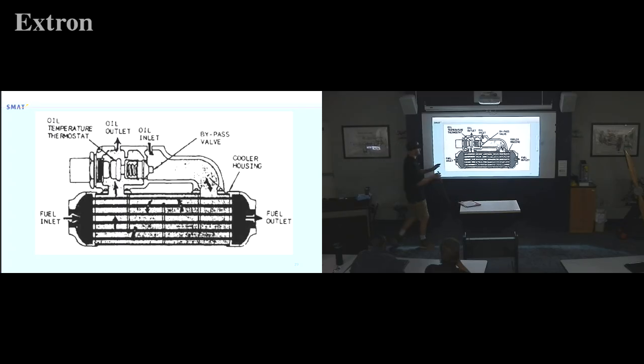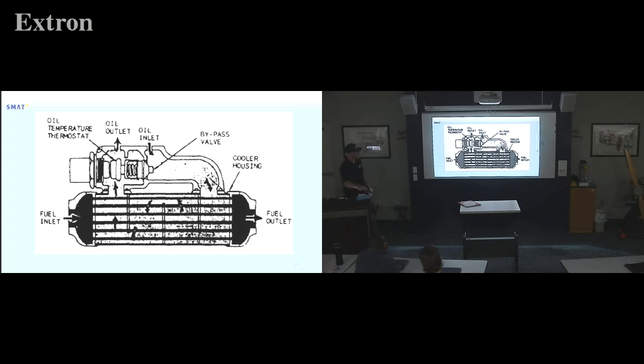If the vernatherm is hot, if it's expanded, the oil is going to have to go all the way through our heat exchanger and back out. If the oil is cold and our vernatherm is shrunk down, now our oil could just come in and go right back out, and we're not going to be taking any heat off our oil.